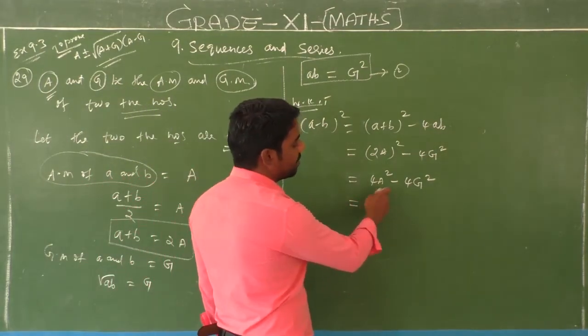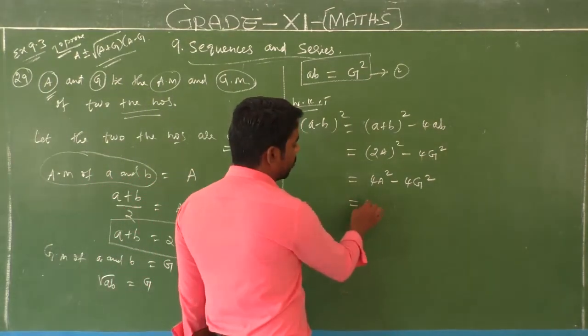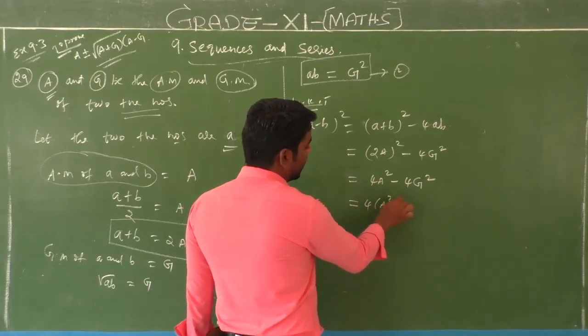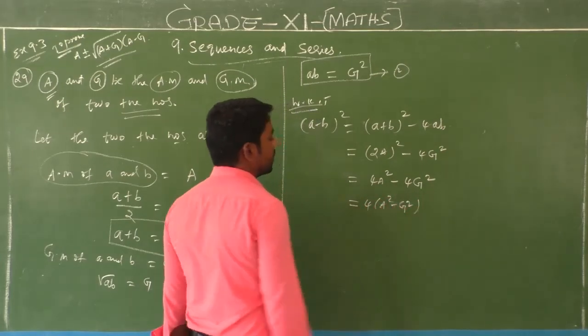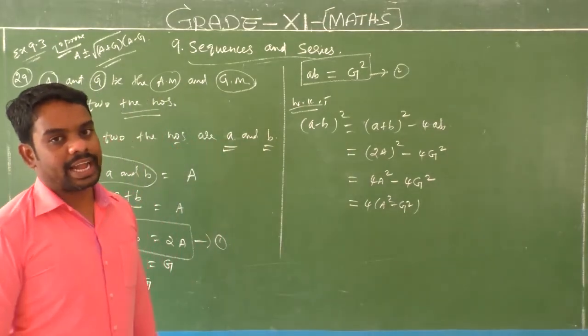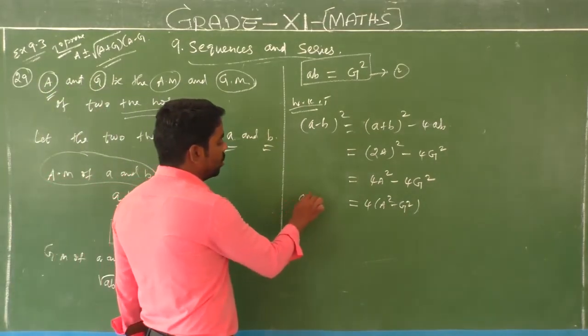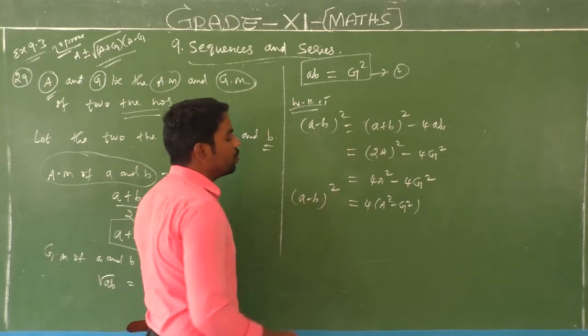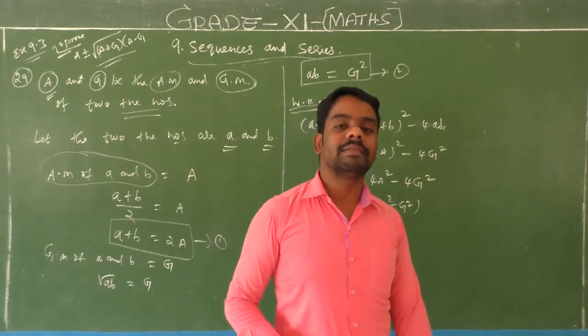Here, 4A square minus 4G square. Take 4 common on both sides: 4 of (A square minus G square). So (a minus b) whole square is equal to 4 into (capital A square minus capital G square).